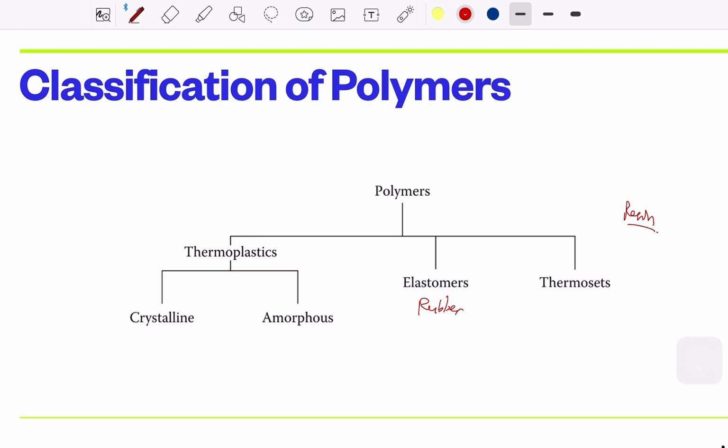I could say those are some examples of resin. And we are going to learn more about this in the next Monday class.